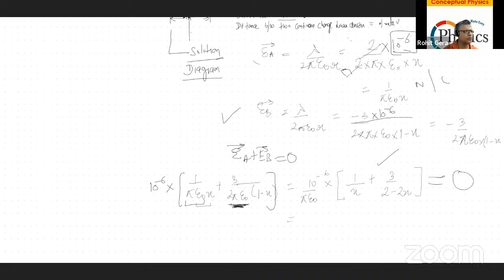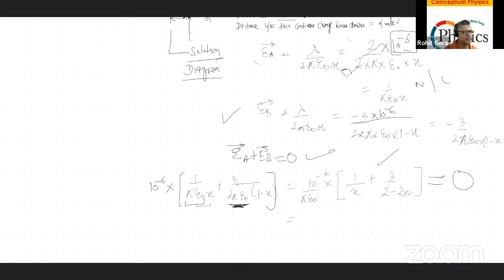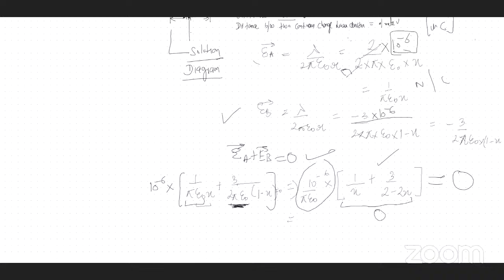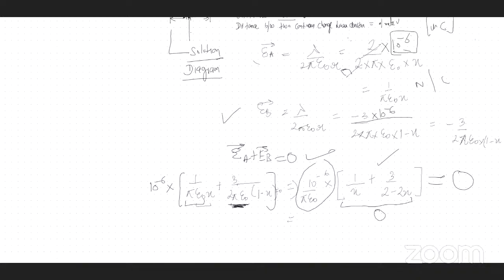You're just writing it equal to 0. This cannot be 0. I got it. So this is 0. We can bring it to the other side. I can just bring it to the other side, right? Divide this part, then it'll become 0.